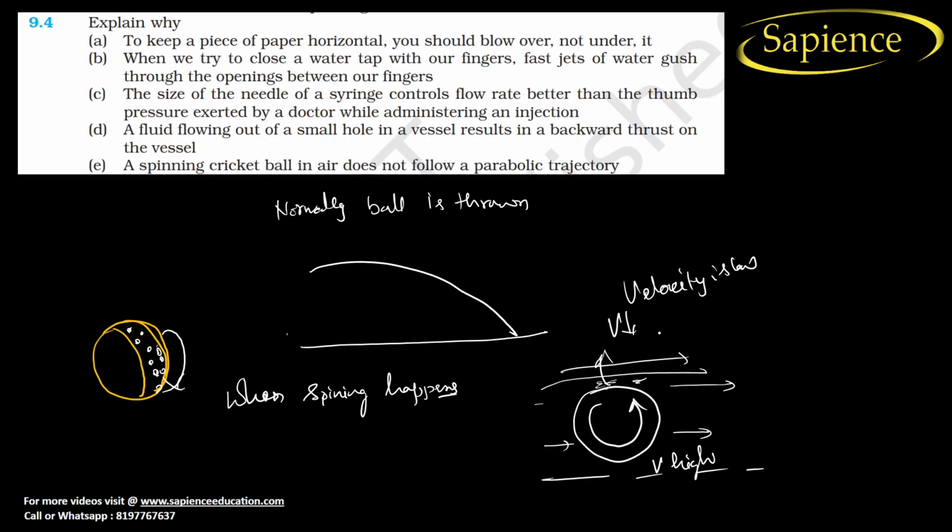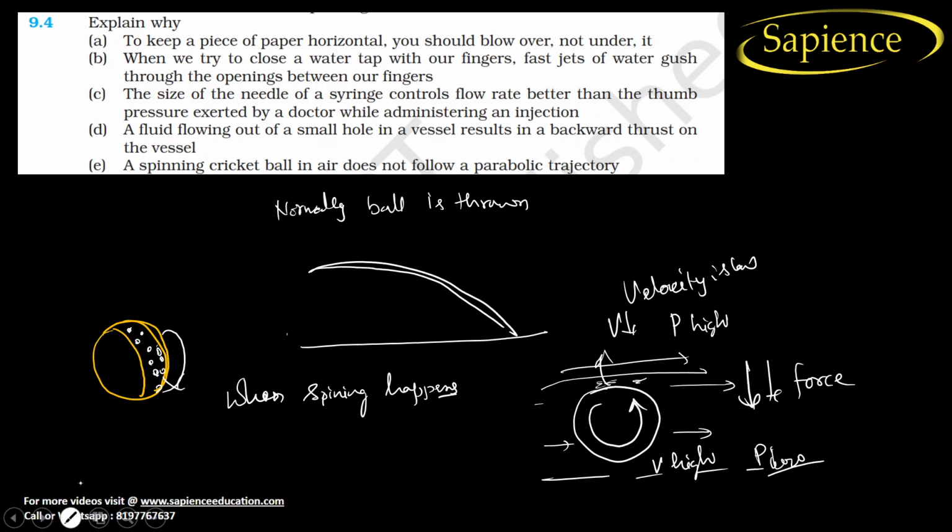Due to this, as per Bernoulli's theorem, pressure will be high on one side and pressure will be low on the other. If there is a change in pressure, a downward force will act. If a ball is not spinning, it will go like this.